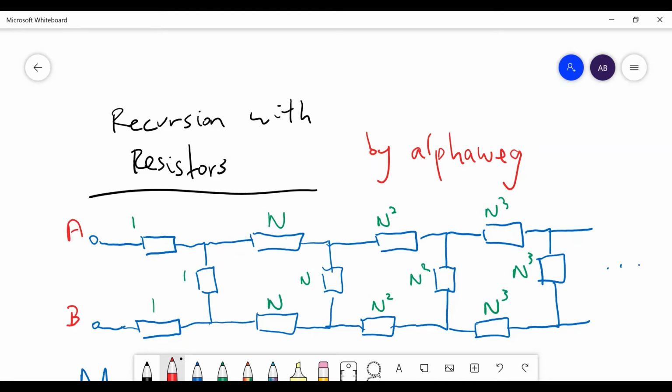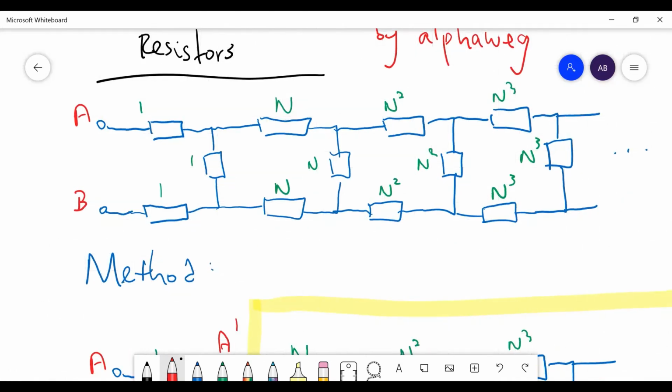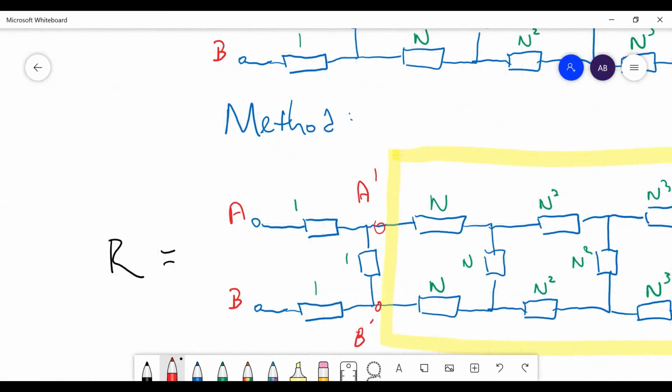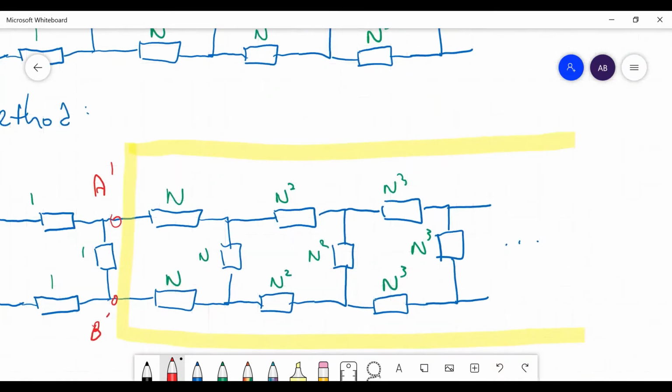So how does this recursion method work? Well, you let the resistance between A and B be a big R first. And then we consider this highlighted part. You can see that the highlighted part is just n copies of the original resistance, because 1 times n is n ohms, and then n times n is n squared, n times n squared is n cubed, and so on.